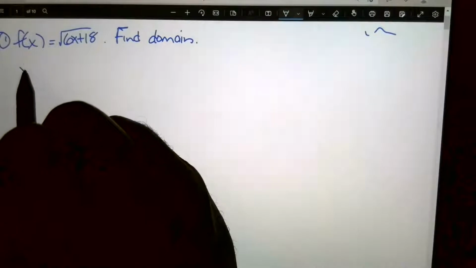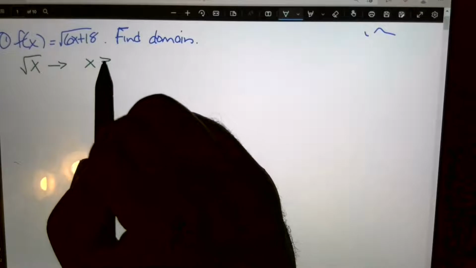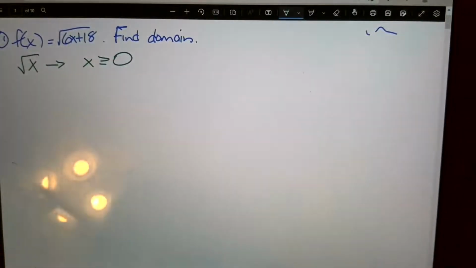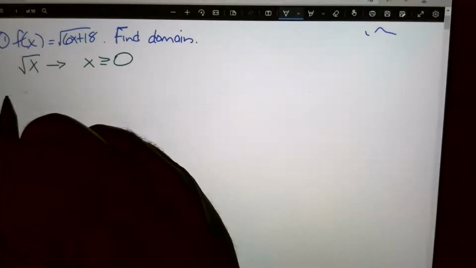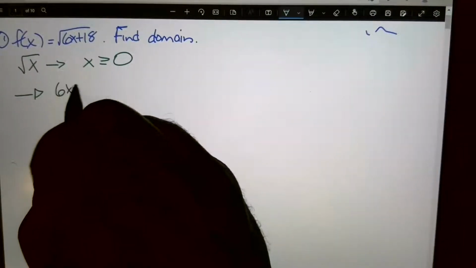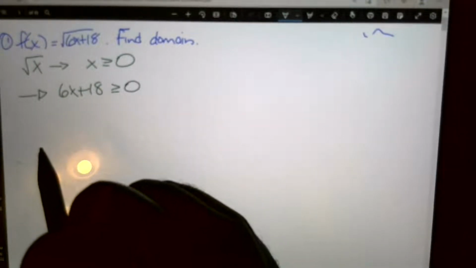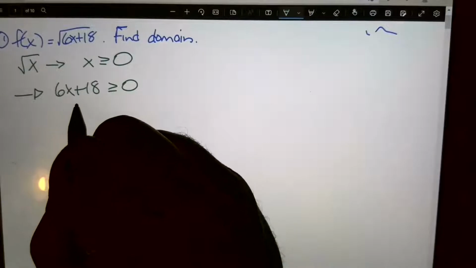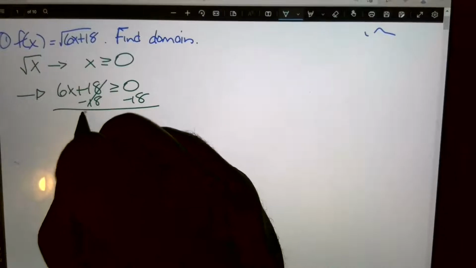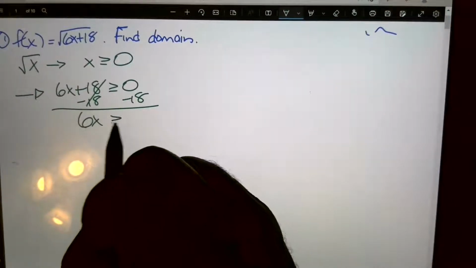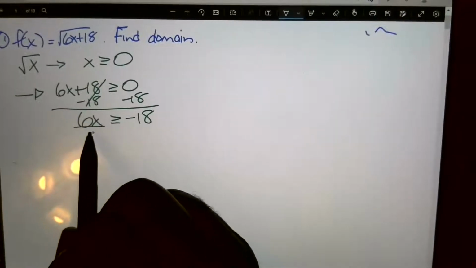We know that in the square root of x, x has to be greater than or equal to 0. We cannot take the square root of negative numbers in this context. So we know that, therefore, 6x plus 18 has to be greater than or equal to 0. So subtract 18 from both sides. This is basic equation solving. 6x is greater than or equal to negative 18, over 6.